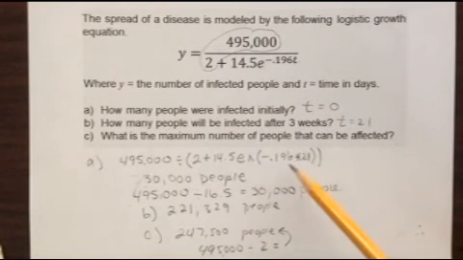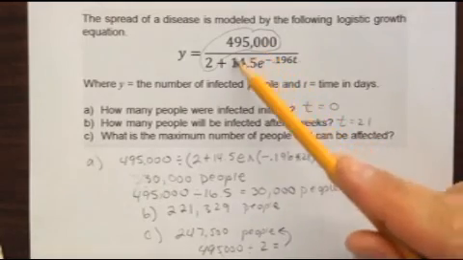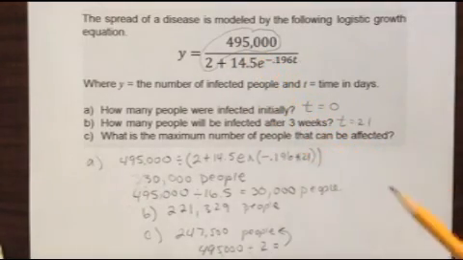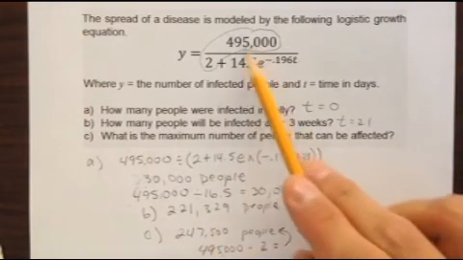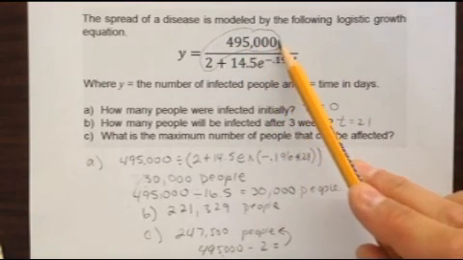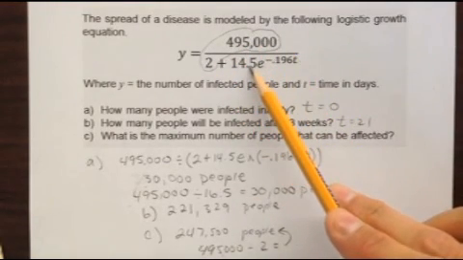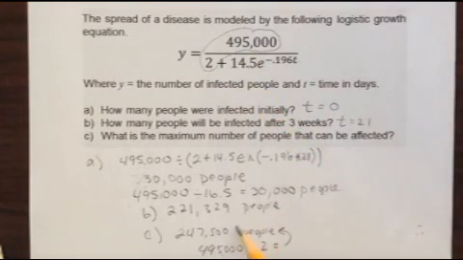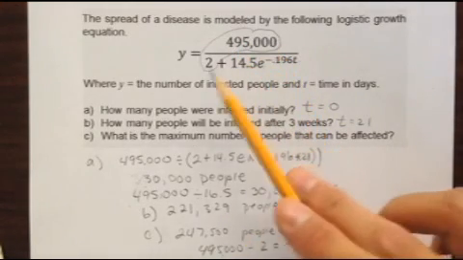Put it in as 0 for the first one for the initial amount, and then for the second part, divide it by the 14.5 plus 2, and then when it wants to know the maximum number, divide the 495,000 by the 2 only. So again, to find the initial amount, you can divide the 495,000 by the 2 plus 14.5. And to find the maximum number, divide the 495,000 by just the 2.